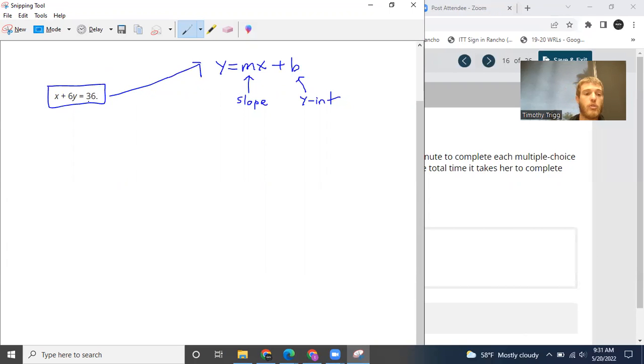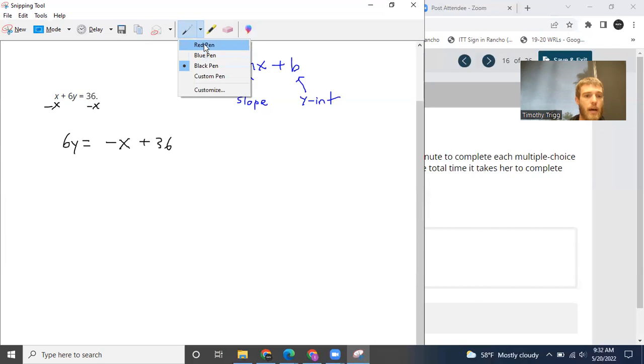So I would like to put it into this form by getting y by itself. So how do we do that? Well, hopefully you remember how to solve equations like this. I'm going to go ahead and subtract x on both sides of the equation, giving me 6y equals, and I'm going to put the negative x in front, plus 36.